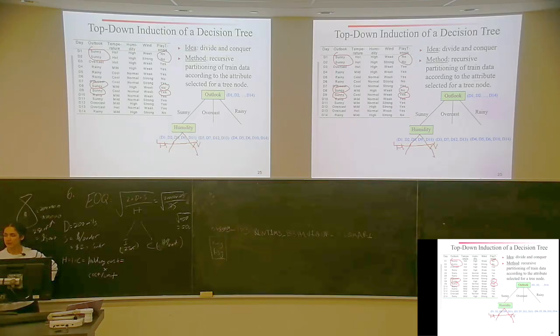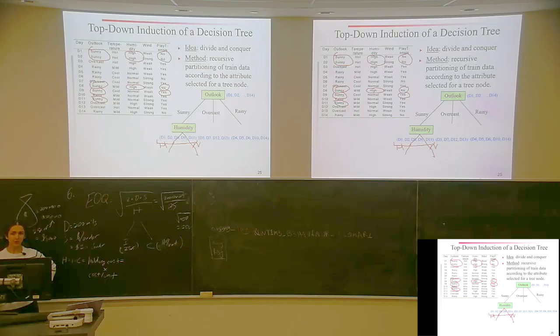Now, if outlook is sunny and humidity is high, which is, for example, outlook sunny here, humidity high here, again, outlook sunny, humidity high here, right? And here, these two are normal. So we only care about outlook sunny, humidity high. Do I reach the leaf node or should I continue splitting?